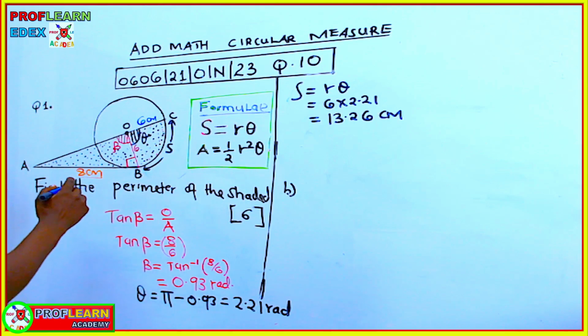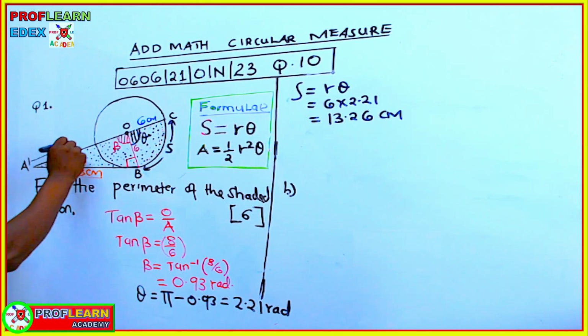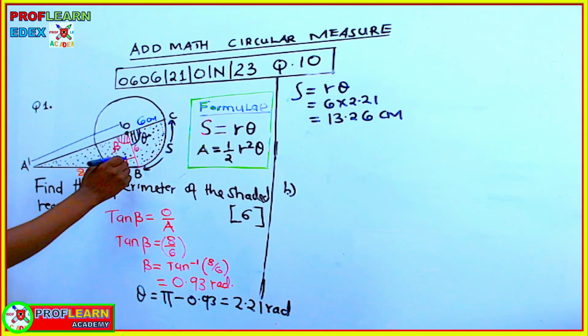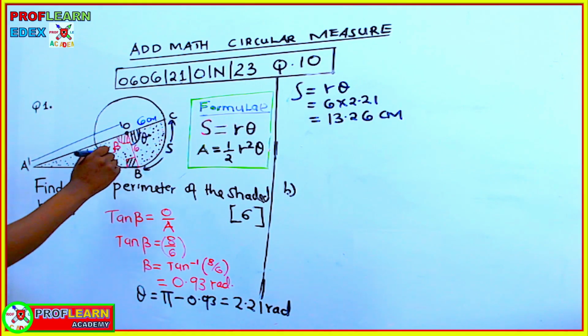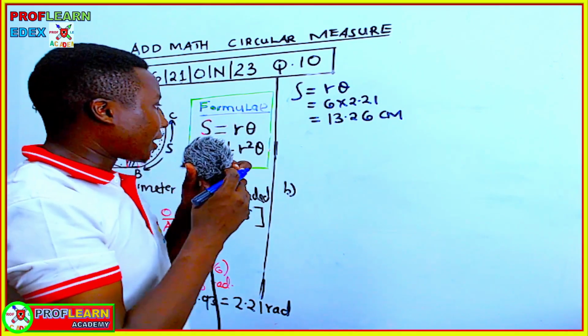Next, we need to know what is the length of AO. Remember, this is a right angle triangle at this given point, so we can use Pythagoras theorem to work out AO.